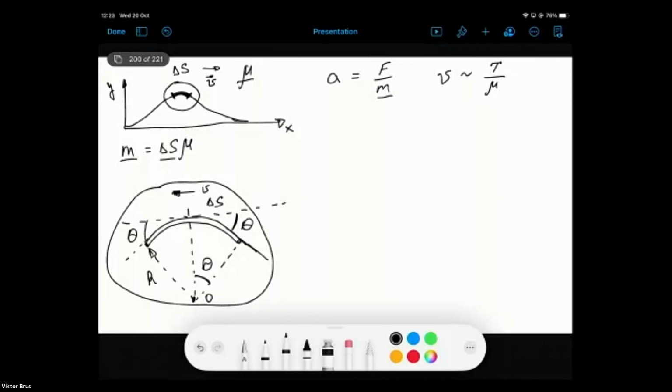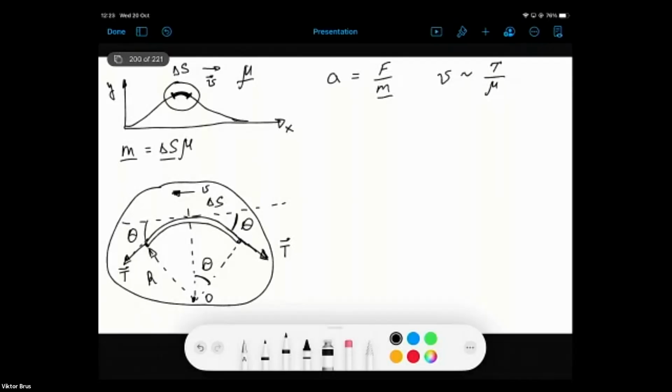So we will have some tension in this string, which is there, and we need to take it into account. So it will be tension T. And here also the same tension T. Now, when we have such a model, we can proceed further and consider what's actually going on.